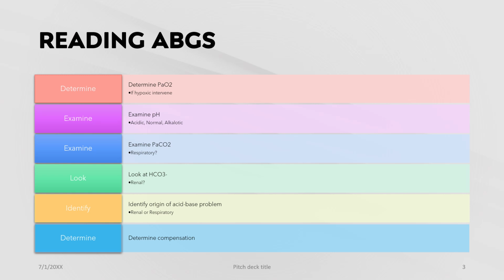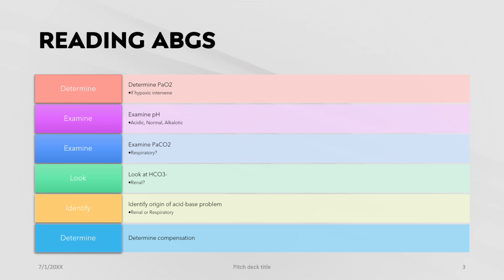So normal PaO2 is 80 to 95 millimeters of mercury, which is different than our SpO2, which we want to be greater than 92%. This can tell us if our patients are hypoxic. It can tell us the oxygen demand of our patients as well. So if it's lower, then we're using a lot more oxygen.